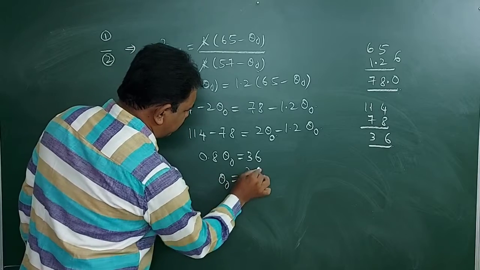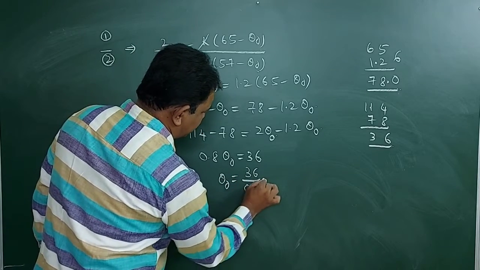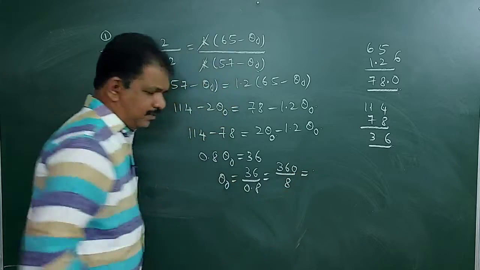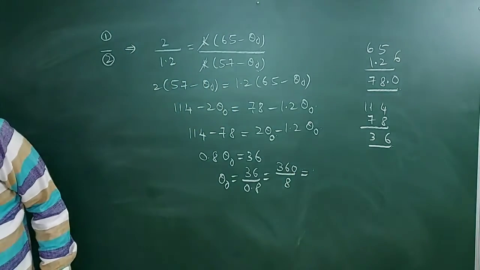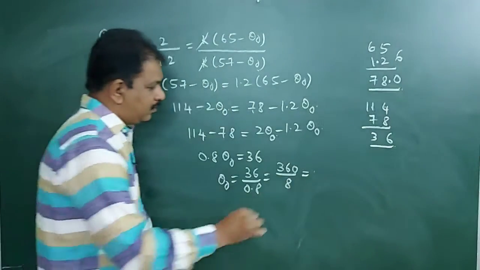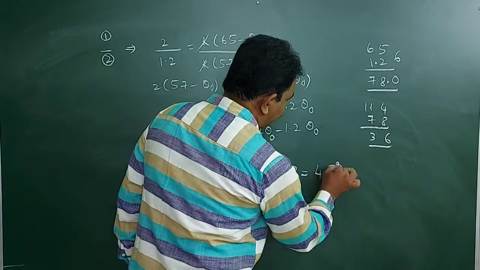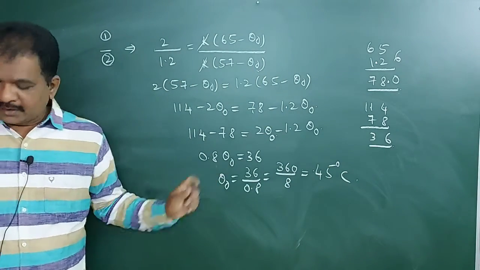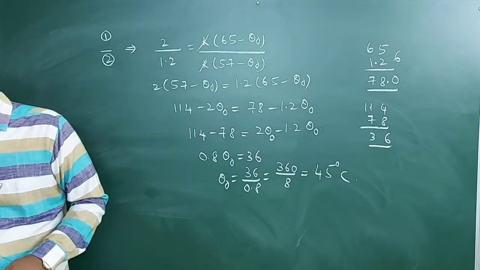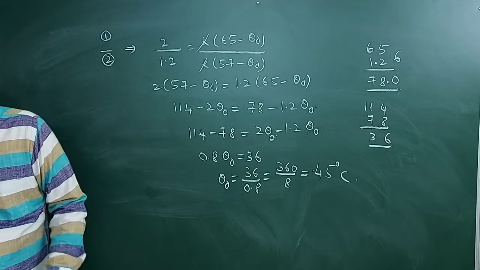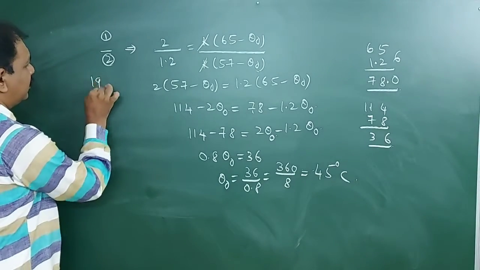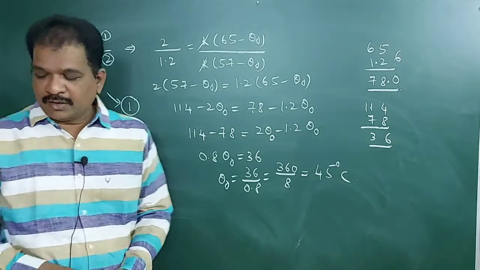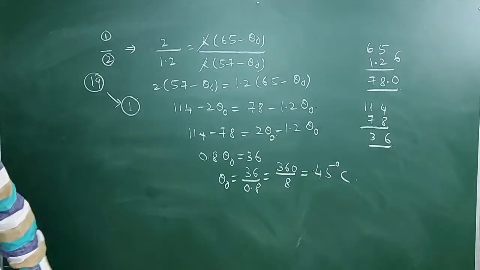Theta naught is equal to 36 by 0.8, that is 360 by 8. If we calculate, the value will be 45 degrees centigrade. So the surrounding temperature will be 45 degrees centigrade. So question 19, it will be the first option. Okay. Next, 20.